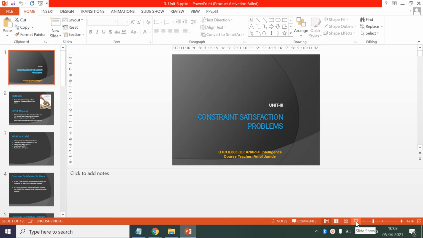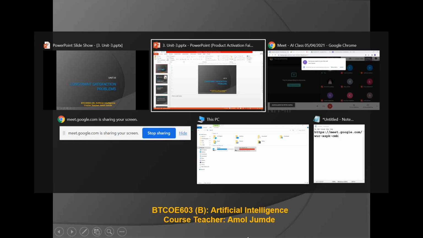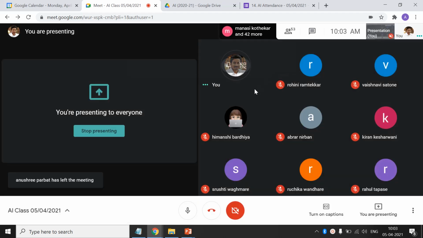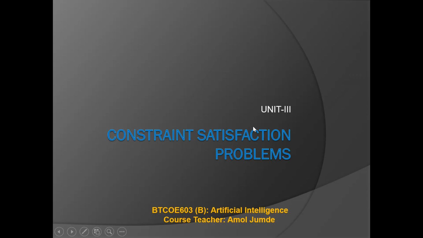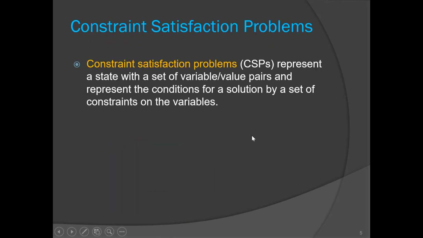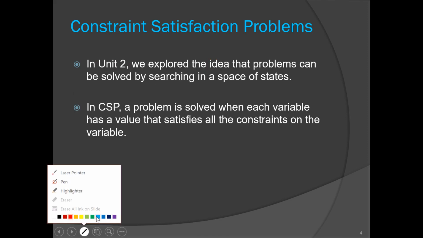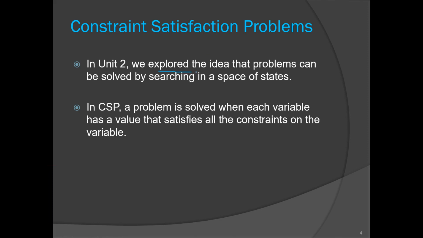So last Wednesday we started with our third unit, which is constraint satisfaction problem. In unit 2, we explored the idea that problems can be solved by searching in a space of states.